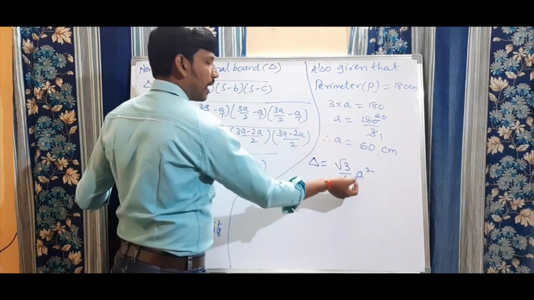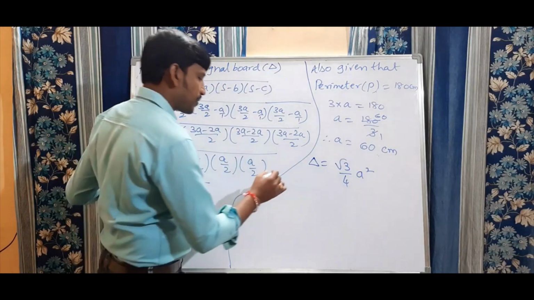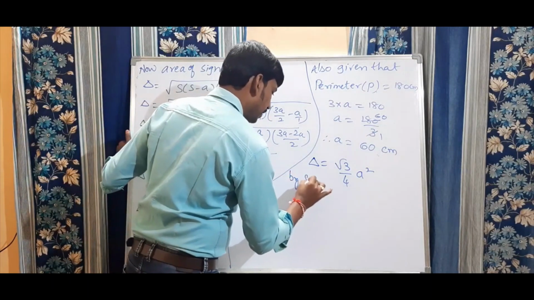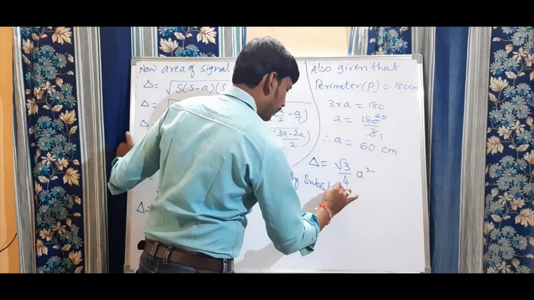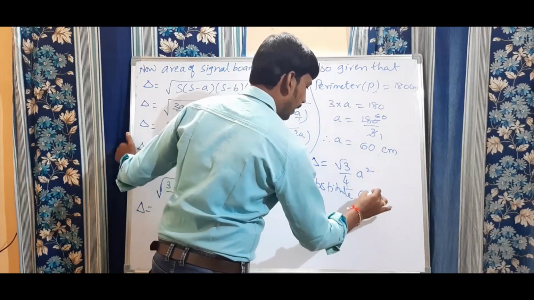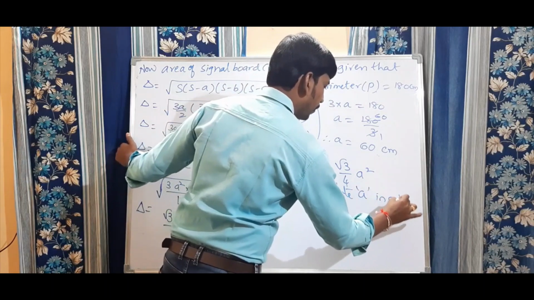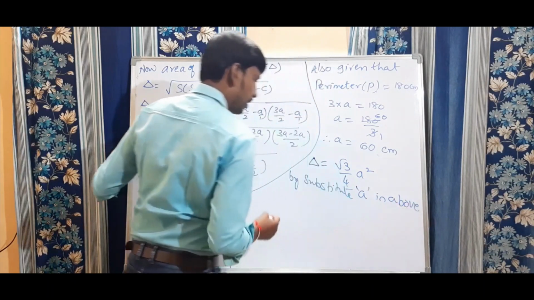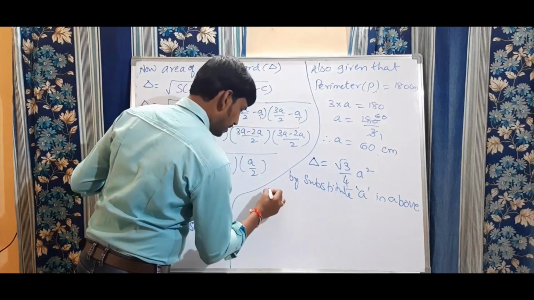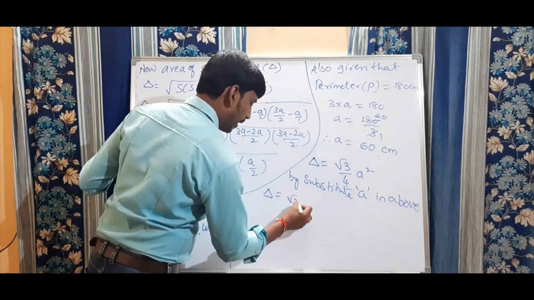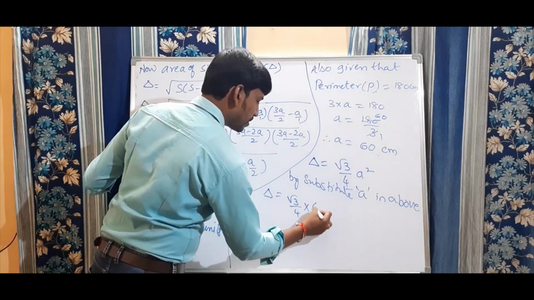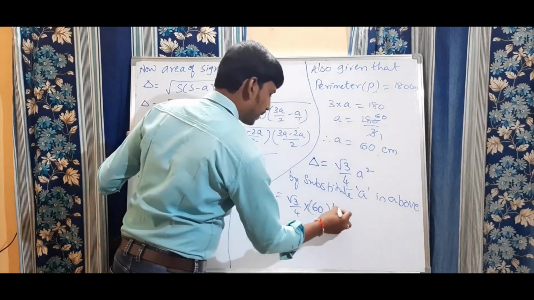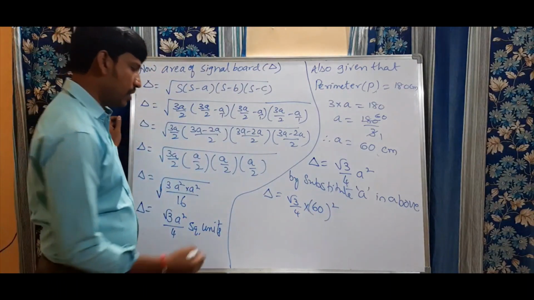Okay, substitute the value in this. By substituting a in the above, you will get delta is equal to root 3 by 4 into 60 square. 60 square means 60 into 60.